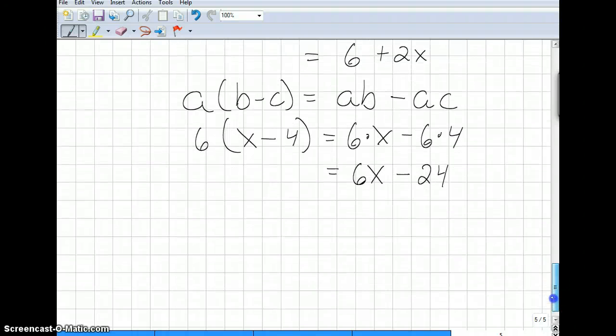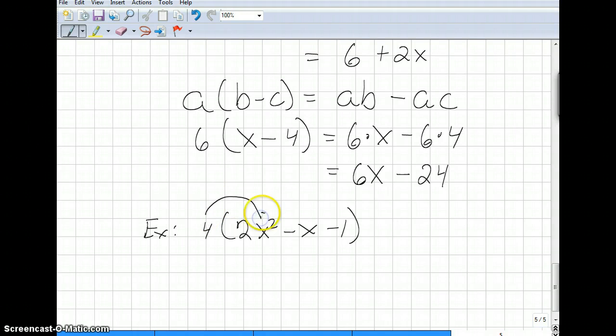So another example, something that you might see on your homework, would be something like this. 4 times 2x squared minus x minus 1. While the distributive property applies here, again, we take the 4 times everything inside the parenthesis.